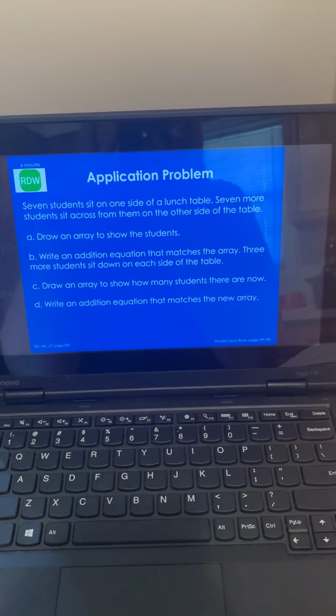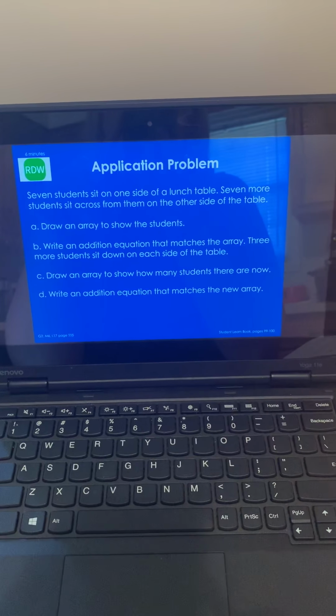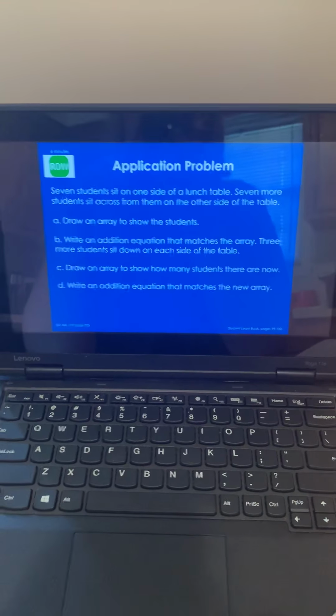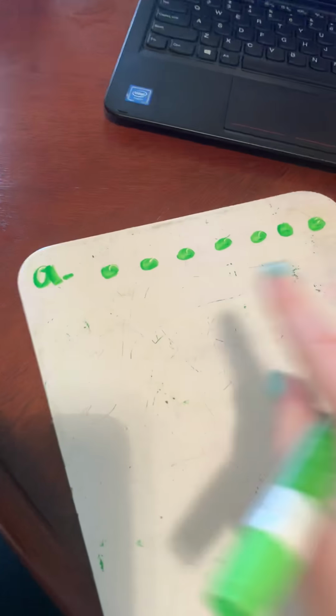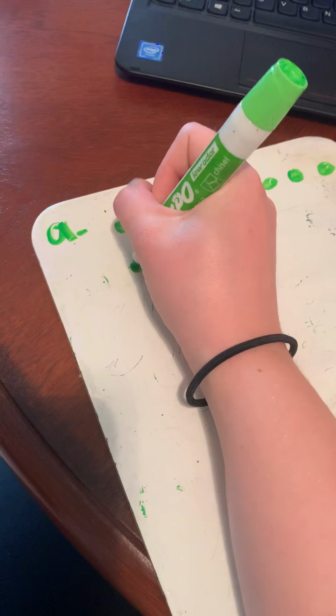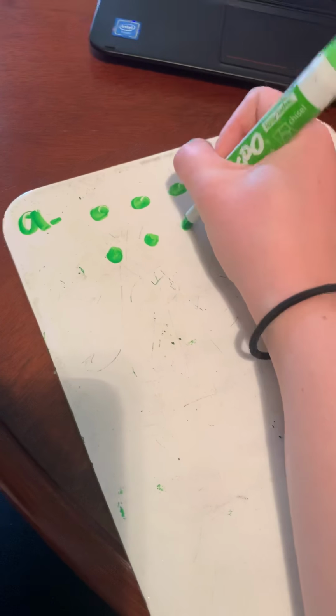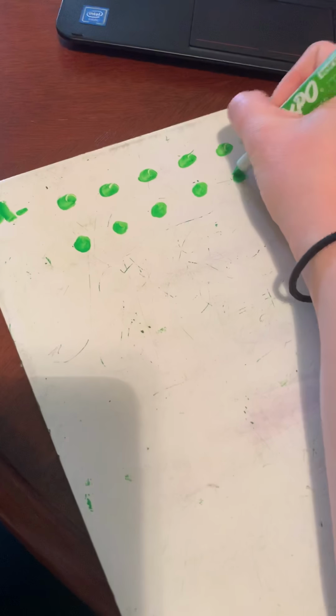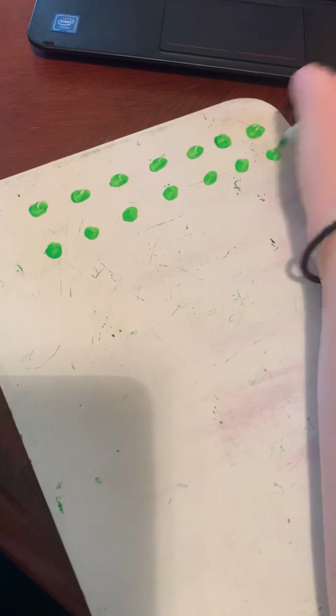Okay, 7 more students sit across from them on the other side of the table. So now I'm going to draw the other side, the students that are sitting across from them. Okay, 1, 2, 3, 4, 5, 6, 7.